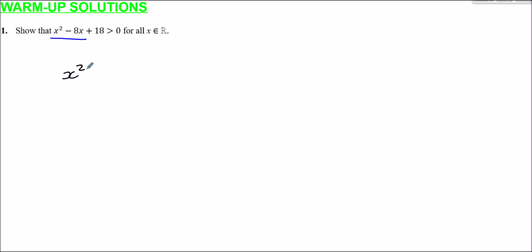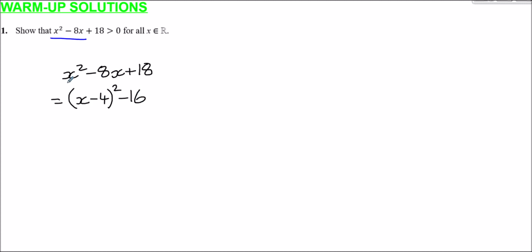So we get x squared minus 8x plus 18. Now the x squared, we just put an x in the bracket. We half the coefficient of the x term, so half of negative 8 is negative 4. We square all of that, and then we subtract off this value here squared. Well, minus 4 times minus 4 is positive 16, so we subtract off that 16.